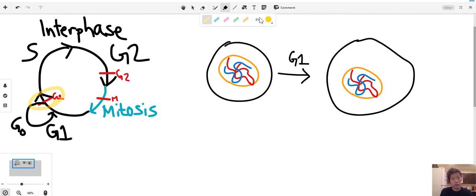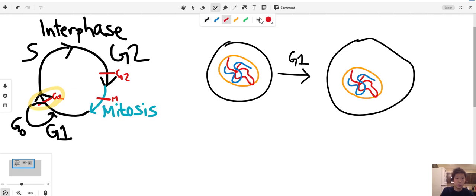Another part is checking for cell size. Well, has the cell grown enough to have a large enough size in that which we are going to divide into 2 cells? There's going to be enough cytoplasm, enough nutrients, etc. for 2 cells, essentially. Okay, so that's what happens in the G1 phase.